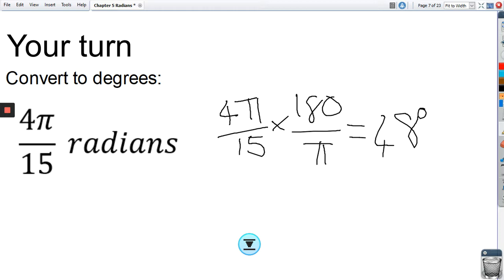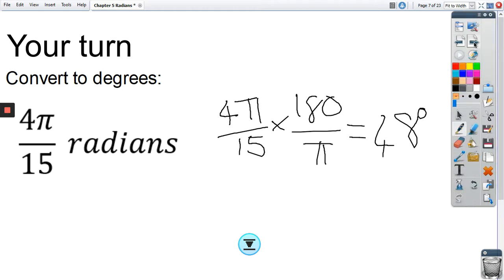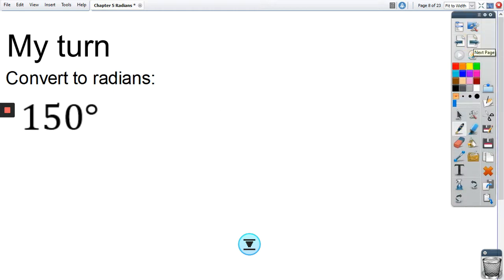So on this example we're going to take 150, and this time we're going to multiply by pi over 180. Just in the same way, if you're going from kilometers to miles, you multiply by 5 over 8, instead of where you're going from miles to kilometers, where you multiply by 8 over 5.